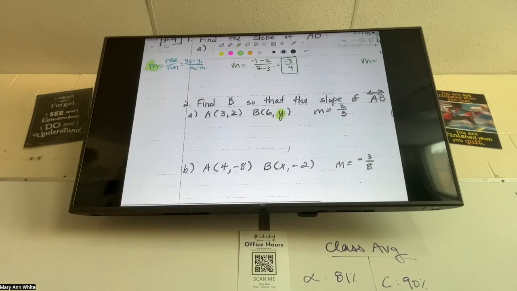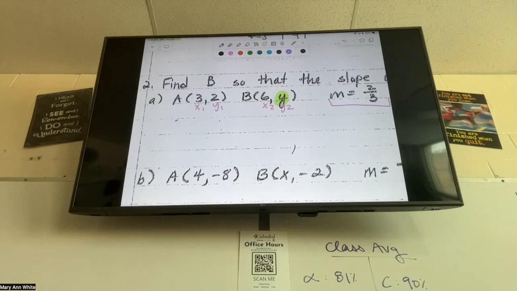I'm going to say m equals y2 minus y1 over x2 minus x1. Let's label our points x1, y1, x2, y2, and then m is already labeled as that 2/3. So when we set up this equation, instead of saying m equals, we're going to say 2/3 equals because I actually know what my slope is. I know what I want it to be.